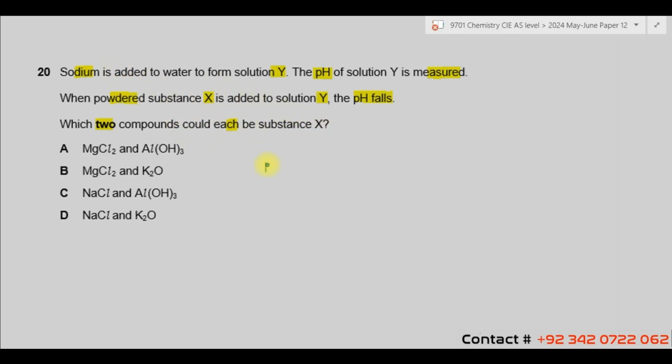Sodium metal reacts with water to form sodium hydroxide and releases hydrogen gas. This sodium hydroxide is an alkali, so the pH is almost equal to 14. When powdered substance X is added, the pH falls, which means that pH should decrease.